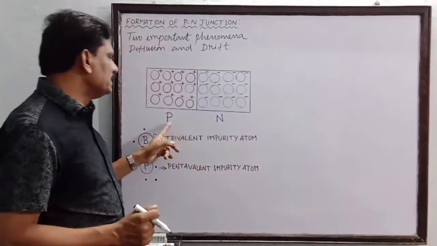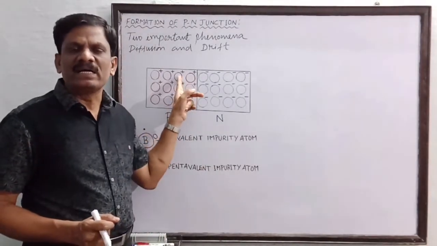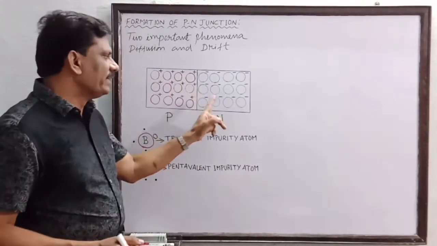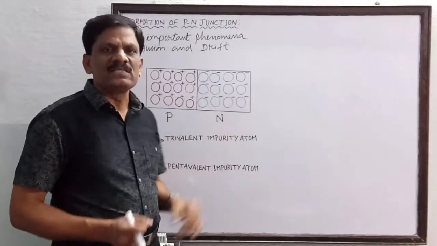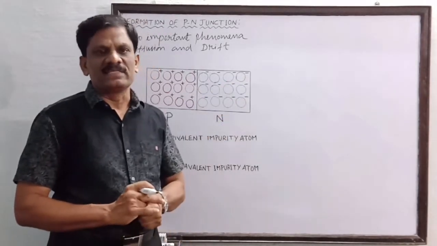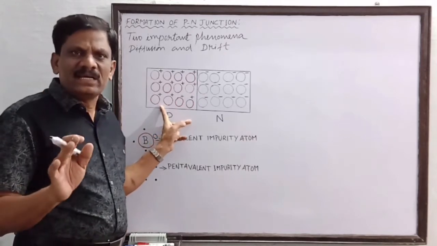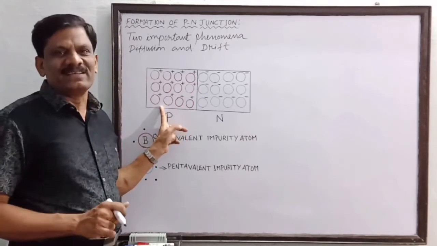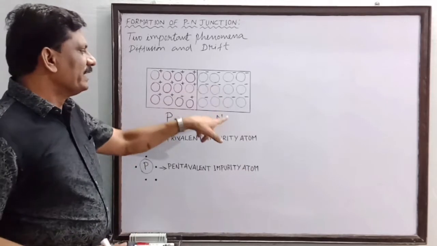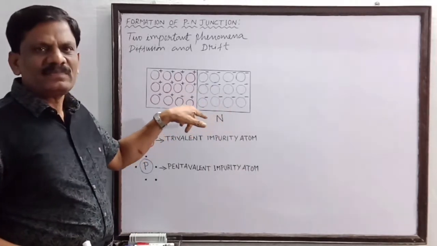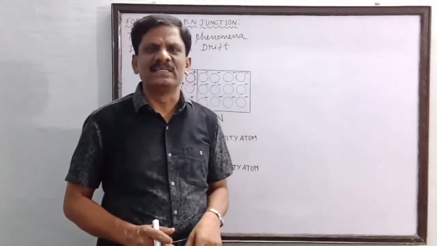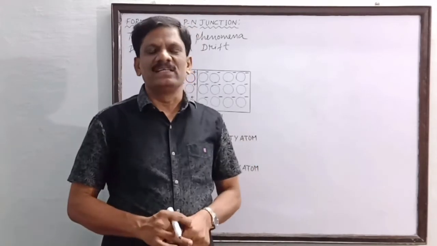So in the P region, holes are large in number as majority charge carriers, and in the N side of the junction, electrons are the majority charge carriers. So in the P region also, electrons will be present, but as minority charge carriers. Like that, in the N side of the junction, here also holes will be present as minority charge carriers.